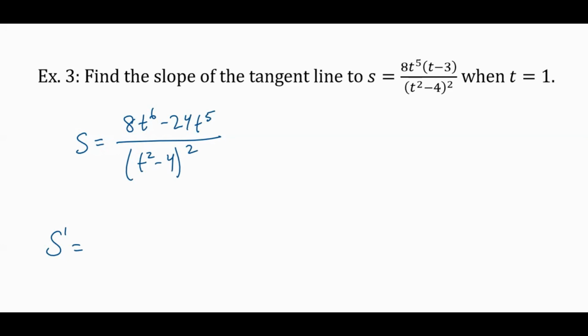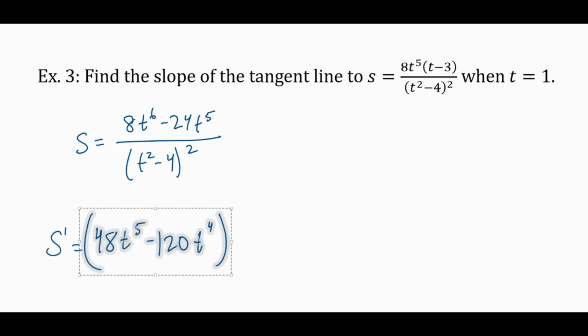So derivative of the top, 48t to the 5 minus 24 times 5 is 120 t to the 4, times the bottom, minus the derivative of the bottom.